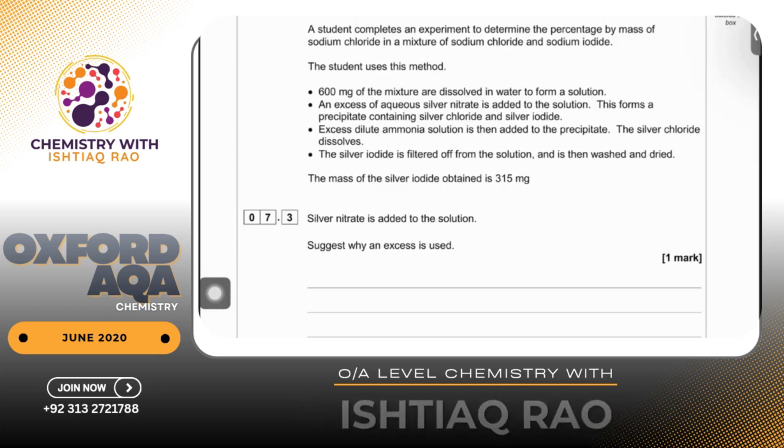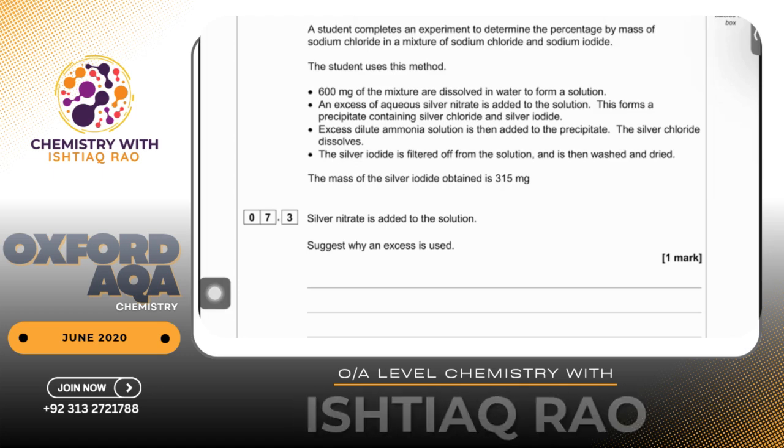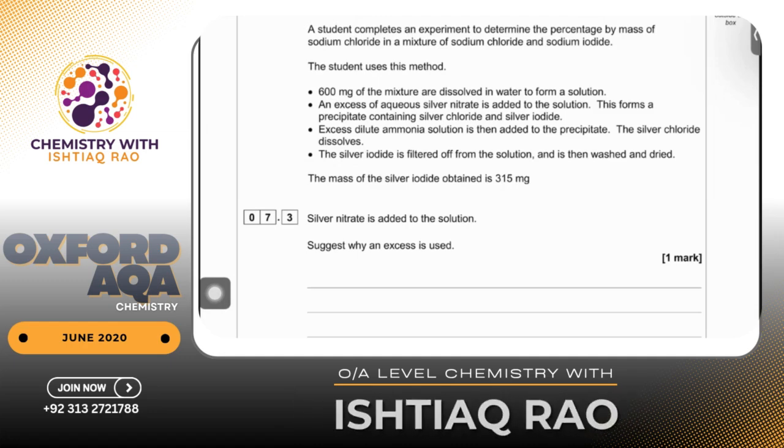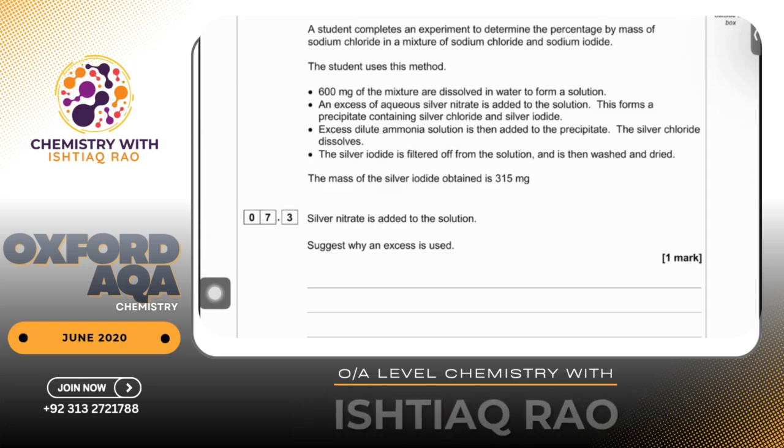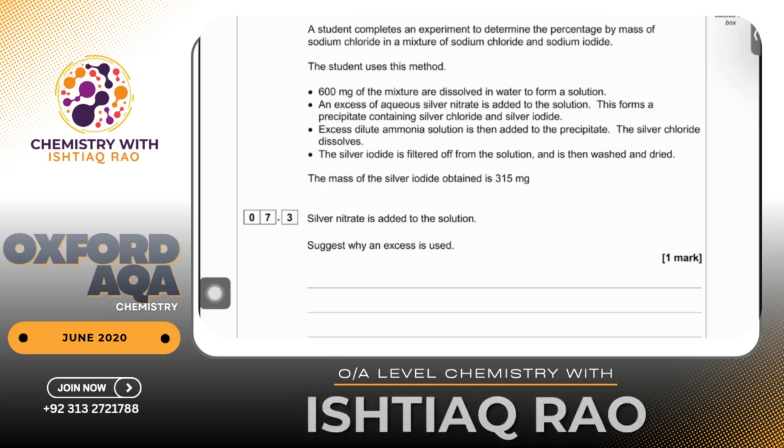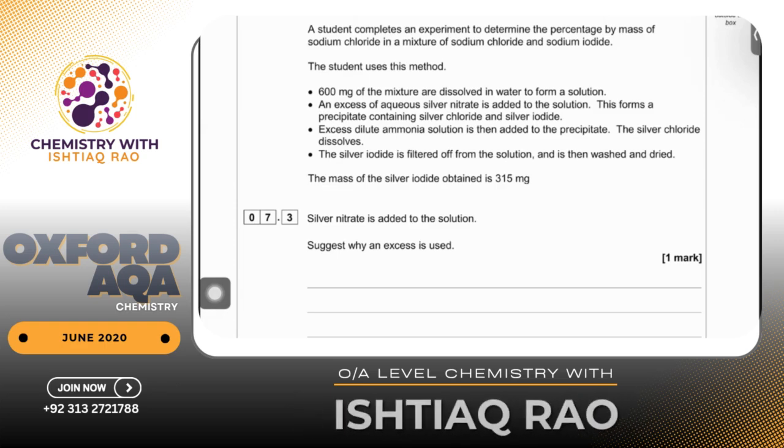An excess of aqueous silver nitrate is added to the solution. This forms a precipitate containing silver chloride and silver iodide. Excess dilute ammonia solution is then added to the precipitate. The silver chloride dissolves. The silver iodide is filtered off from the solution and is then washed and dried. The mass of the silver iodide obtained is 315 milligrams.